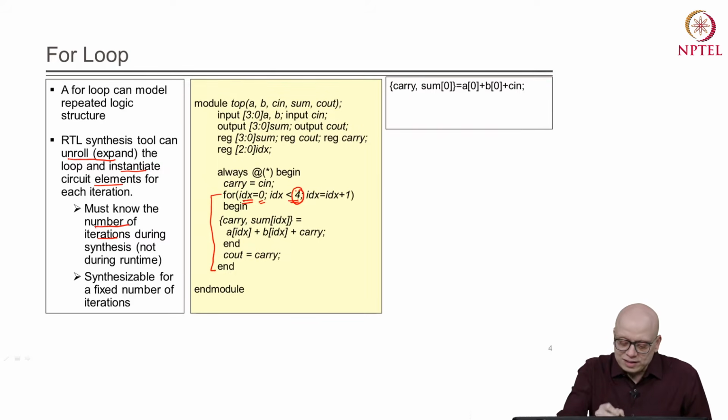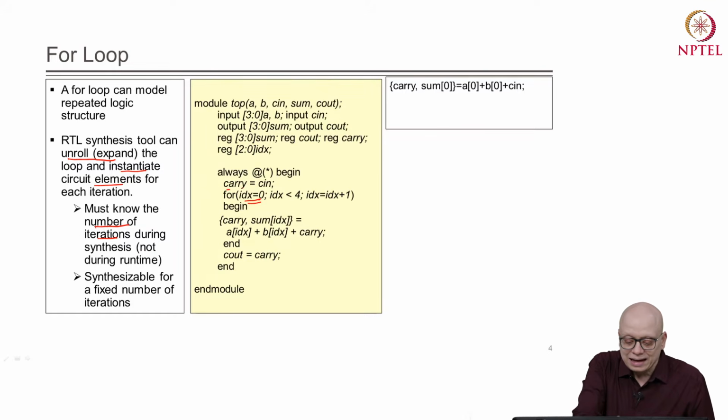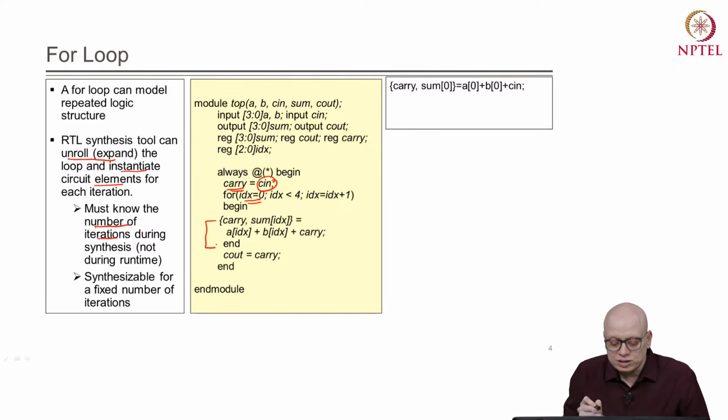So, for this for loop, the tool will unroll it. It will start with index equal to 0. Before the loop starts, carry is taking a value of Cn, and within this loop, the statement executed is carry, sum idx, where the initial value of idx is 0.